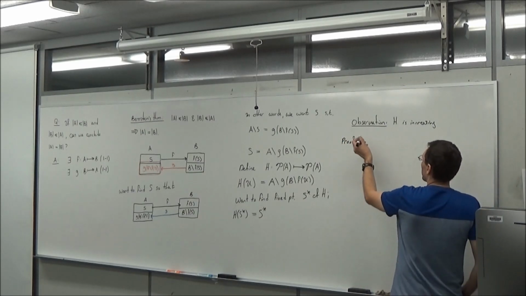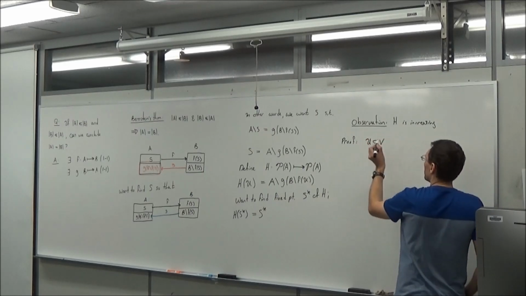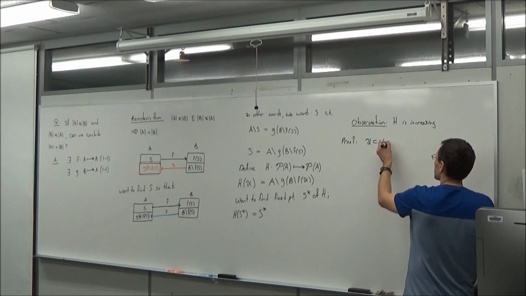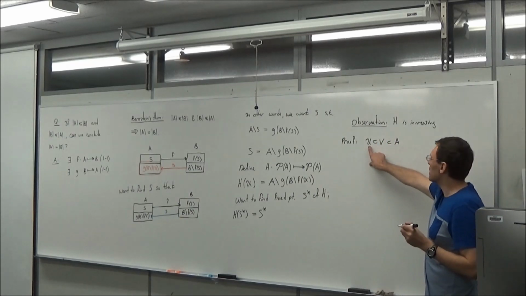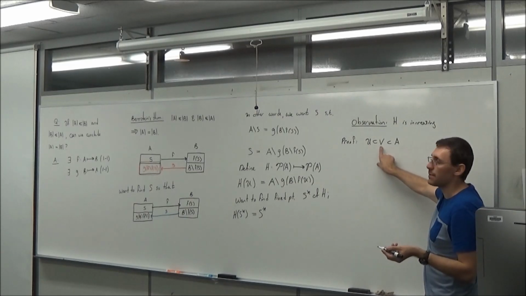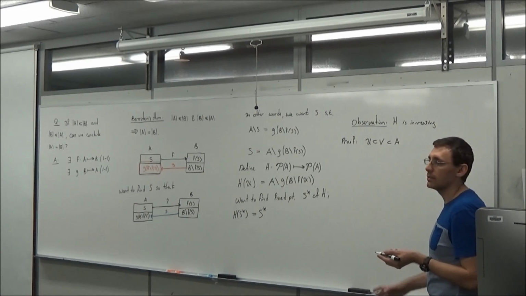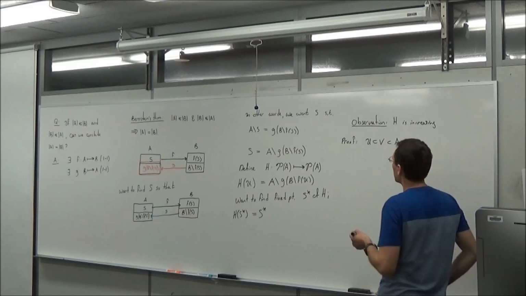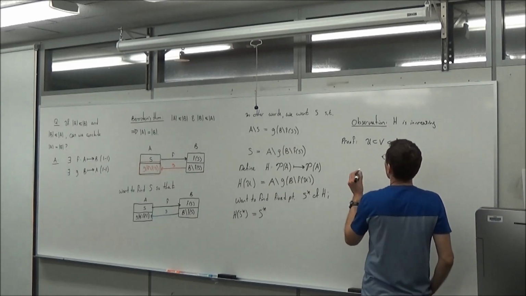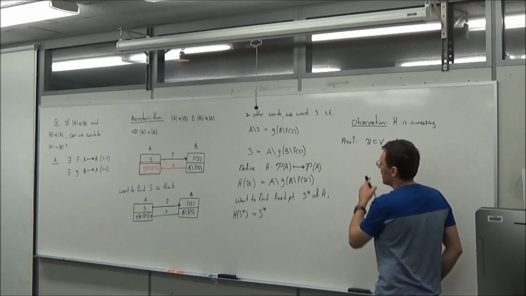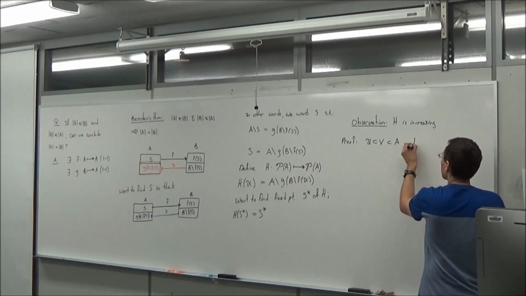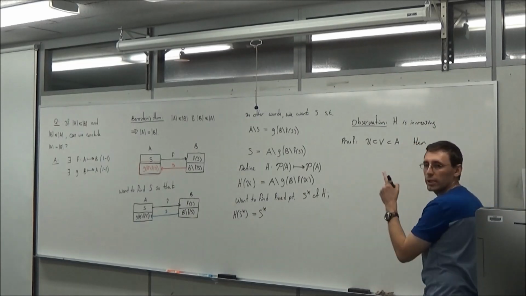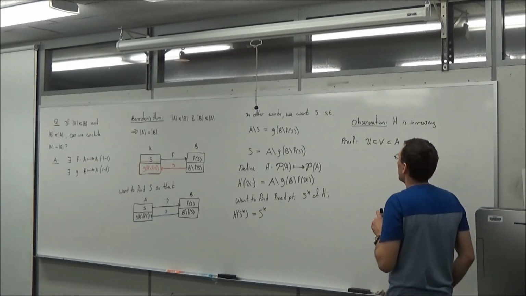It means that if I have U is a subset of V, which is a subset of A, then if I apply H to U, it's going to be a subset of H of V. So in that sense, I mean increasing. Okay. So let's calculate what happens if I do H of U, and let's do it step by step. So if I have this situation, then I hope to conclude H of U is smaller than H of V.